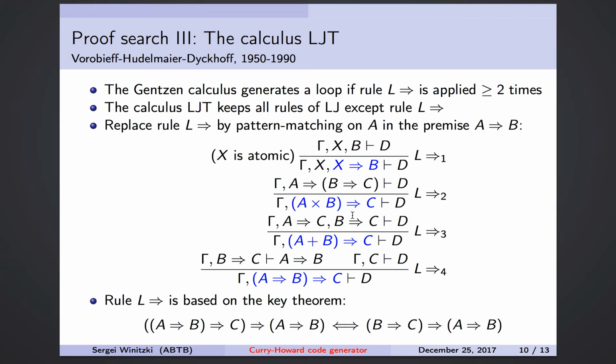You can just go through the entire tree exhaustively, and if you find no proof, then at some point you will finish your search and you will discover that there's no proof, so your sequent stays there. It doesn't have any more rules to apply, which means you cannot implement the type.